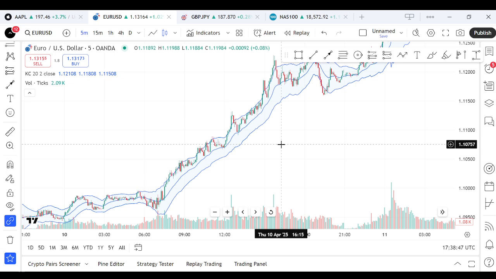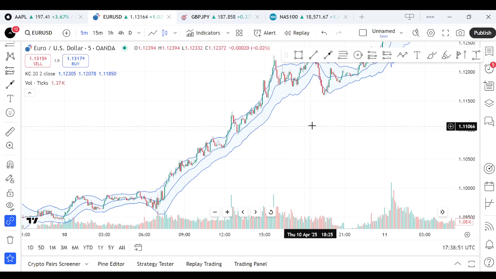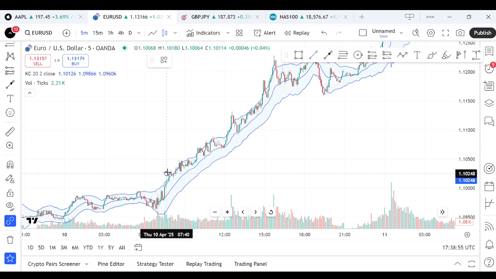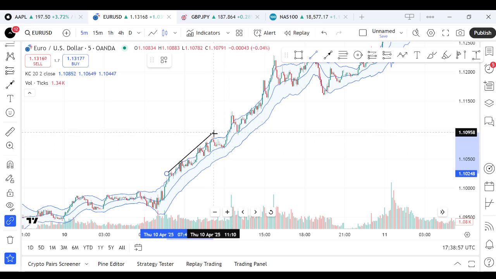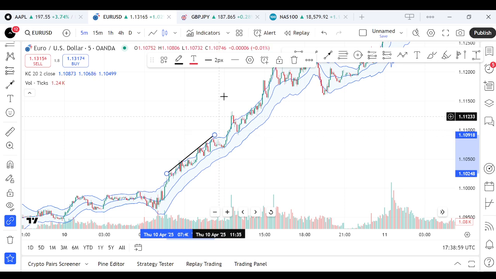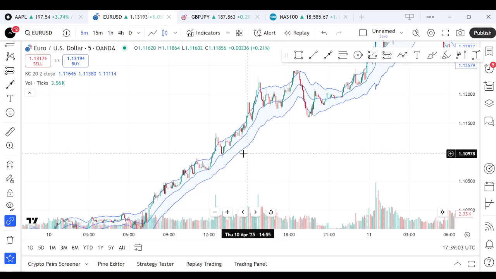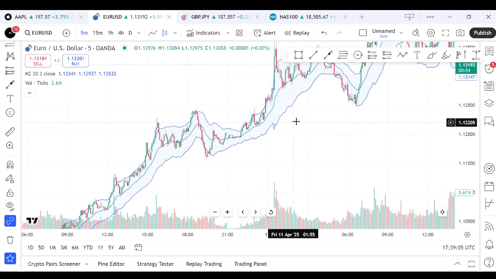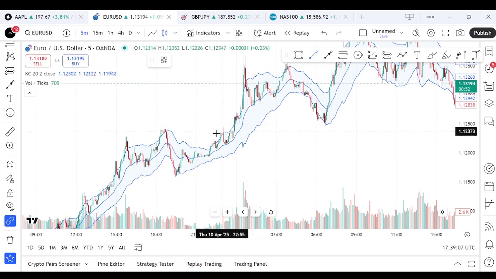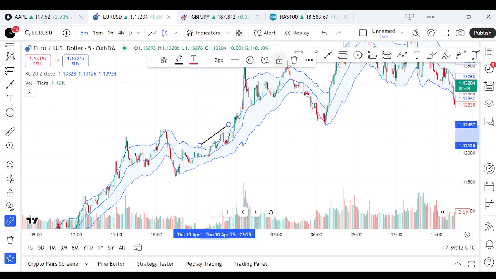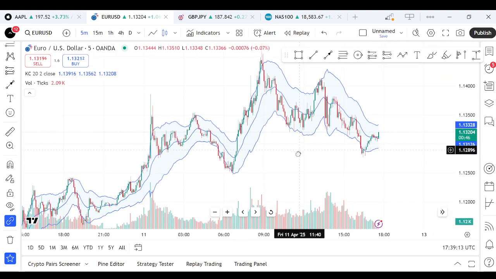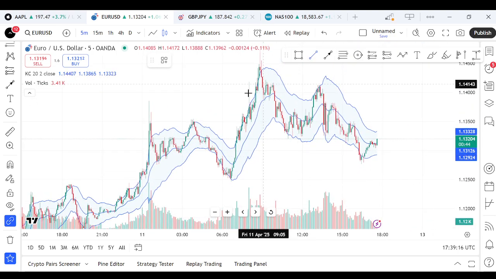The upper band often acts as resistance in an uptrend, while the lower band serves as support in a downtrend. You can see this is an uptrend and we have the upper band giving us this resistance. Price fails to move all the way above the Keltner channel, which just serves as resistance. See the same thing happening here, where price fails to break entirely off this upper band of the Keltner channel.